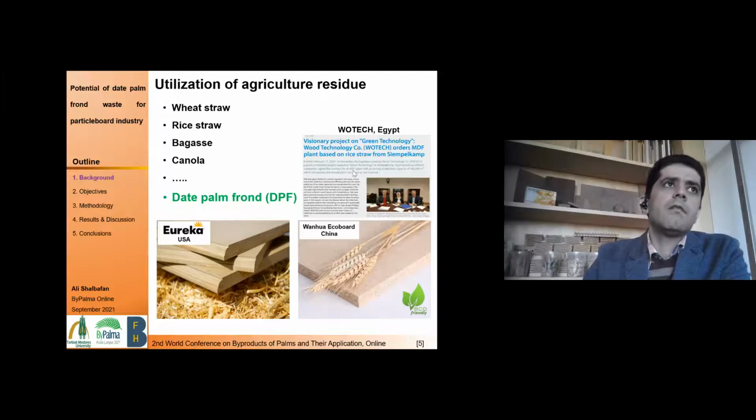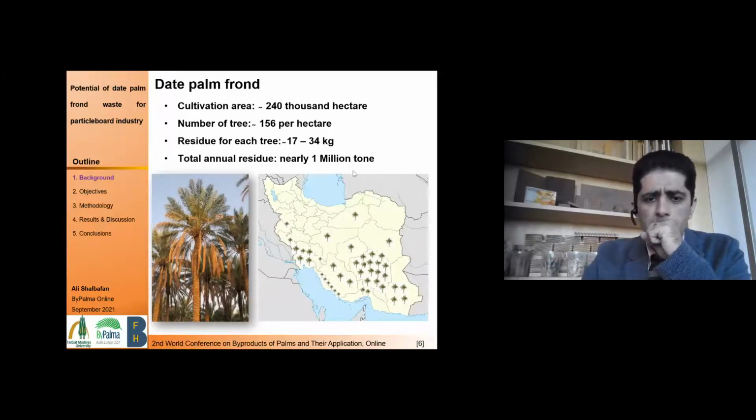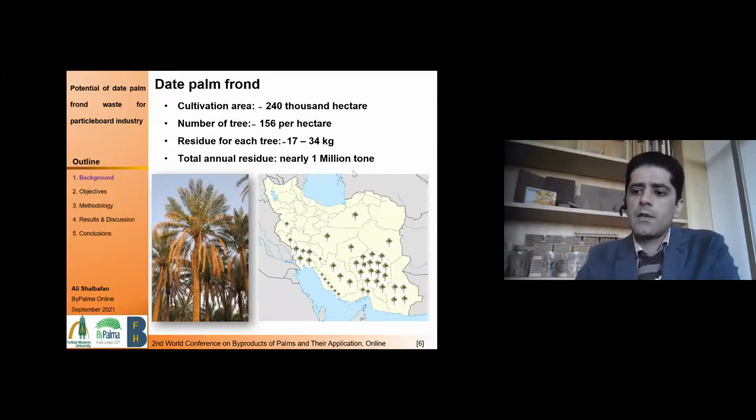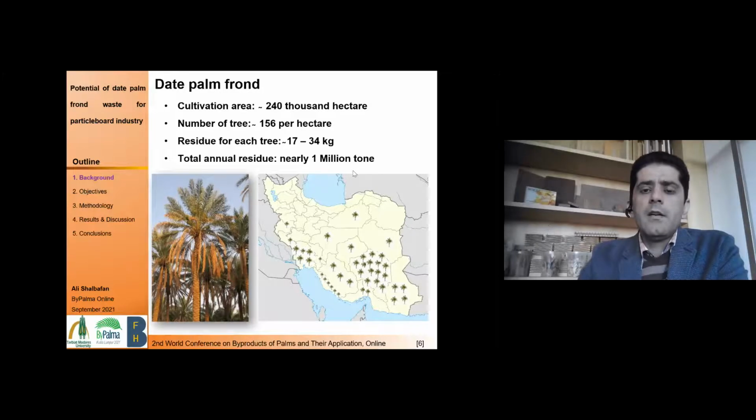But in Iran, one of the most available and abundant residues is the date palm frond. Actually, Iran is one of the biggest cultivation areas for the date palm, with an area of around 240,000 hectares.